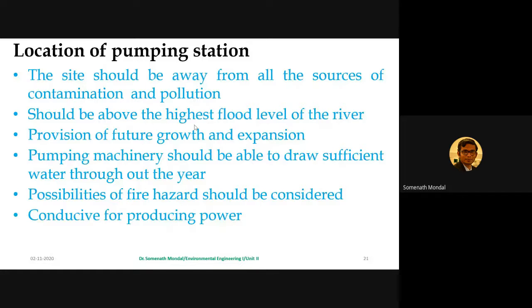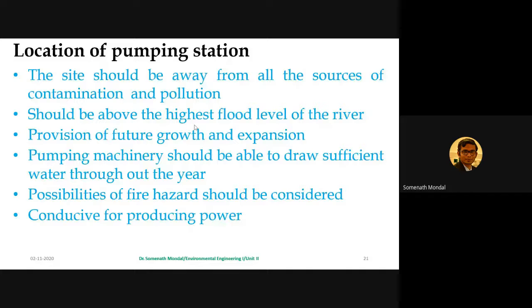Though we don't talk about railways through which we can get the coal, to run all these different types of pumps you need some amount of energy resources, and for that we need to have access to those sites, and that is the reason we have to take care of this particular point.